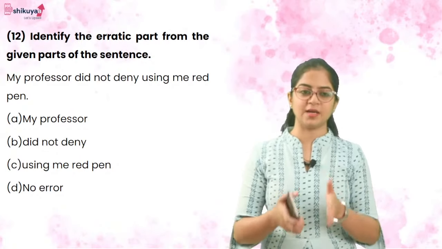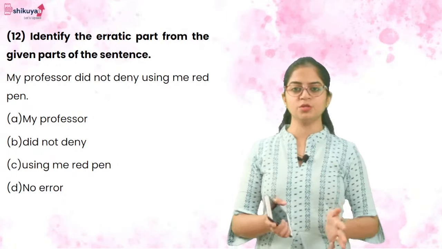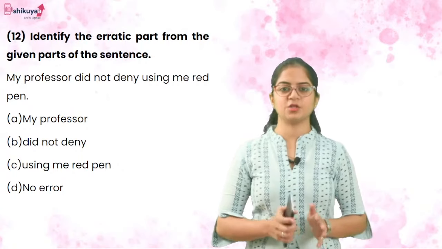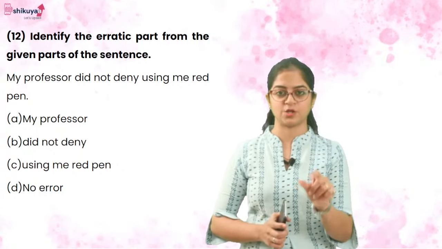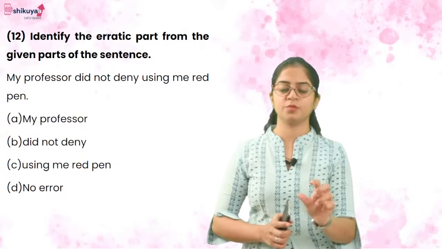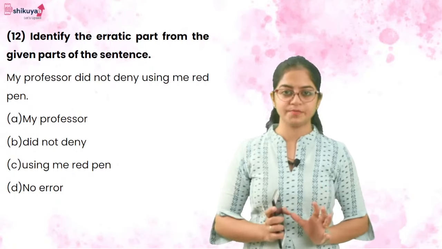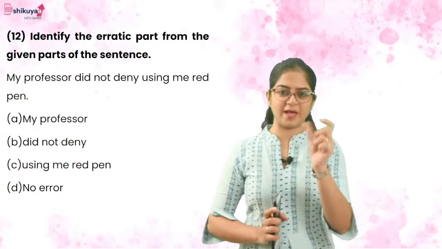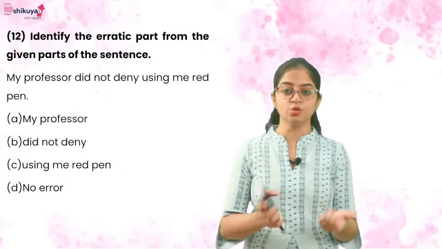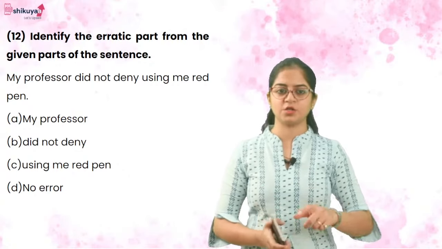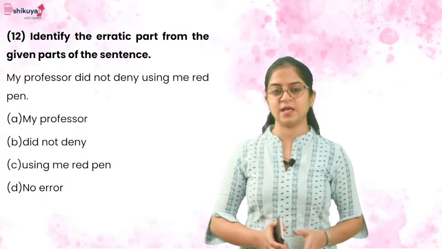So the error lies in part C. The placement of the words is used incorrectly. So this is a modifier error. Whichever word you use for modification in the sentence should be placed correctly, before or after the word it modifies. Here the modifier is placed incorrectly. Instead, it should be me using red pen. So C is the errored part.